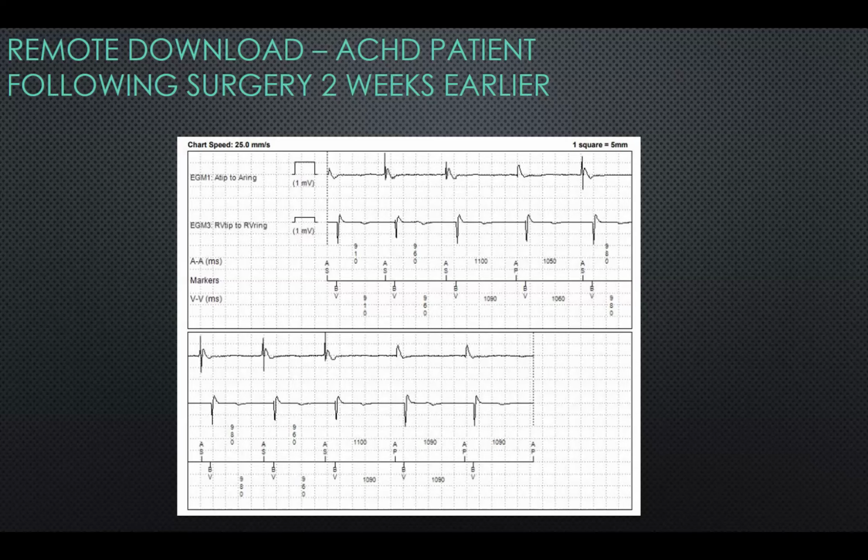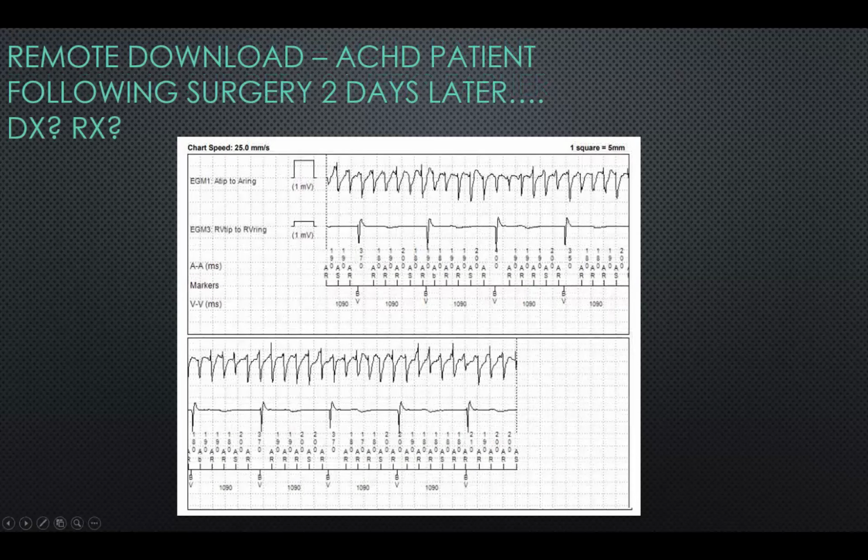So in other words, about a week after surgery, this is what the download looked like. And then this is the download 2 days later that the patient did. And so the question for you is, what are we looking at, and what's the diagnosis, and how should we think about treating this?